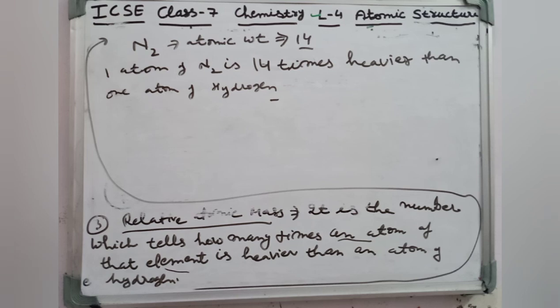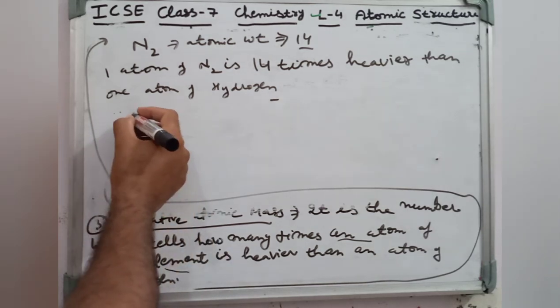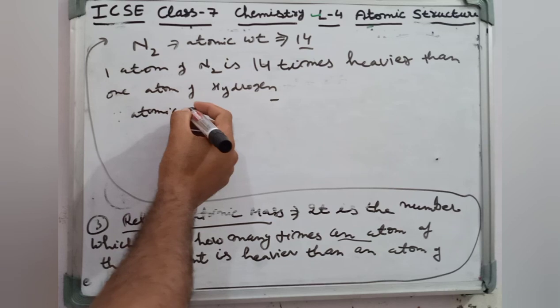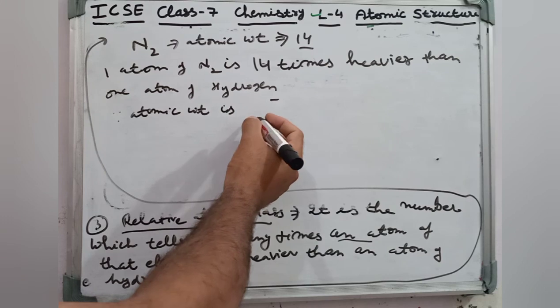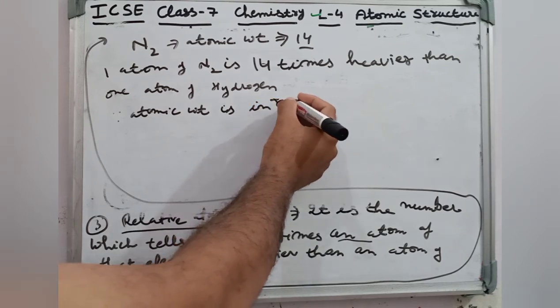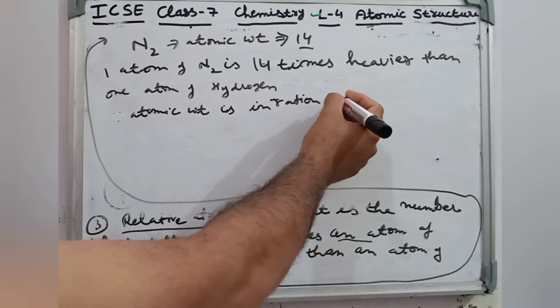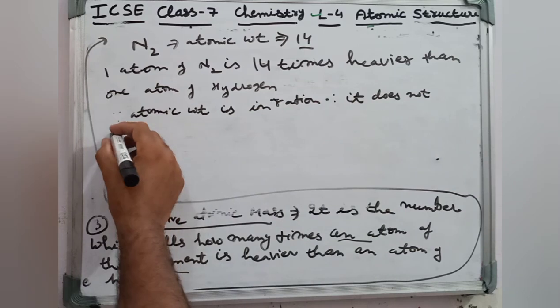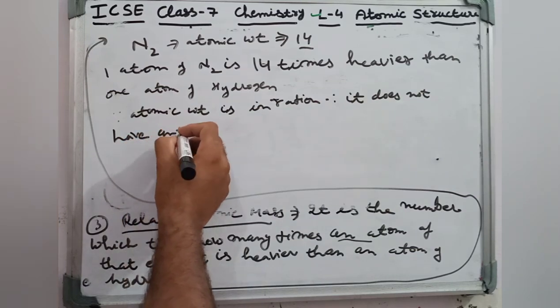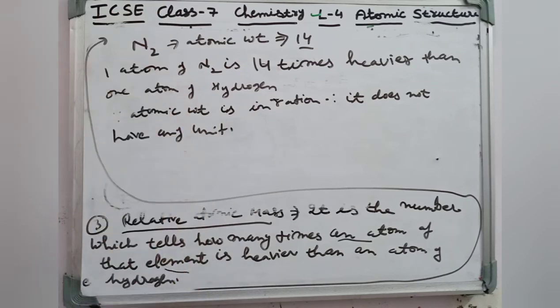And atomic weight, because it is a ratio, therefore does not have a unit. Right?